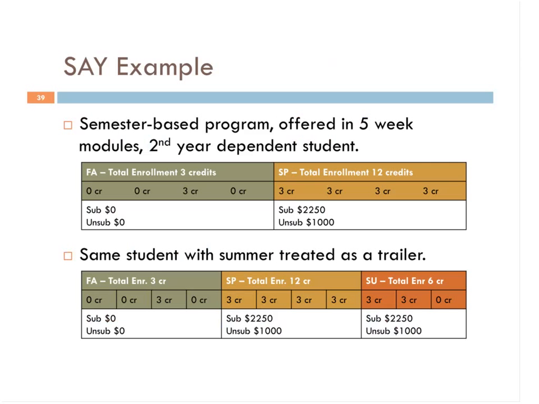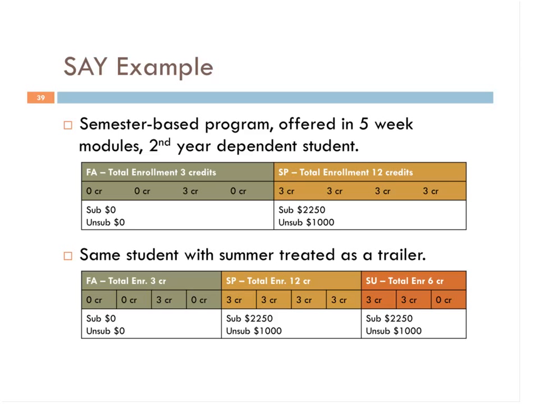In the second example, it's the same student, but the summer is treated as a trailer. And so you can see, because this is a traditional semester program, that the student's academic year, even under a scheduled academic year, becomes the spring and the summer.